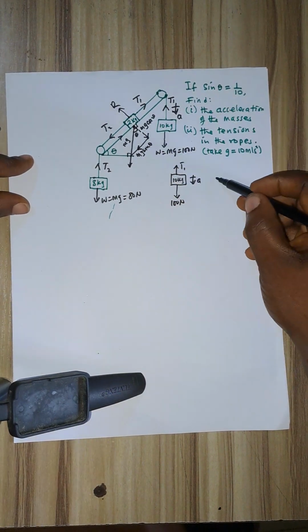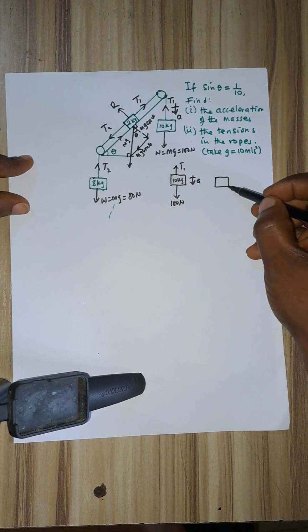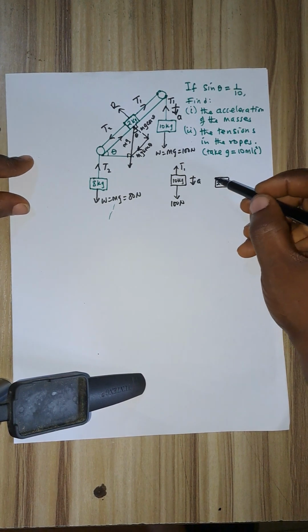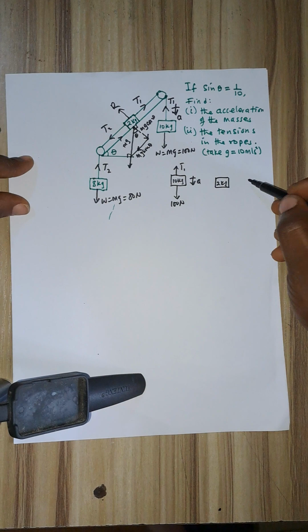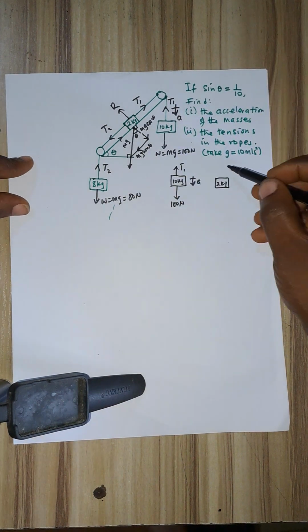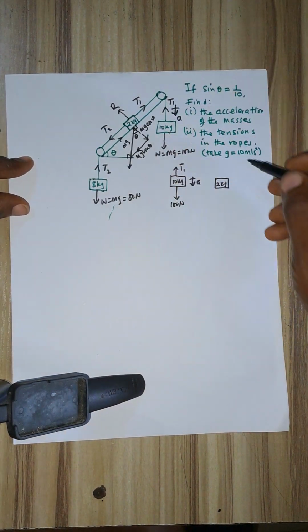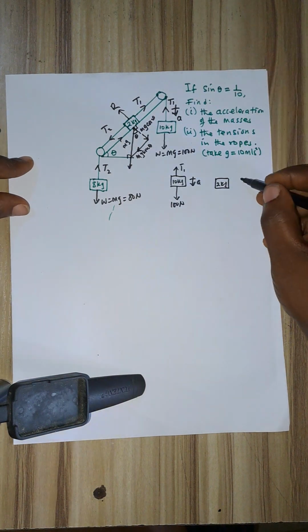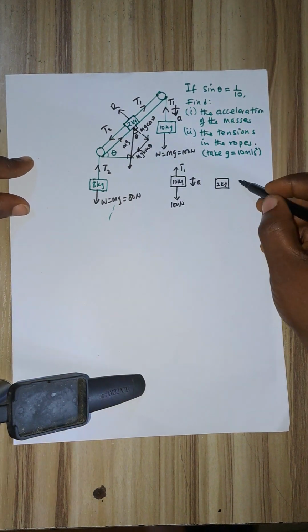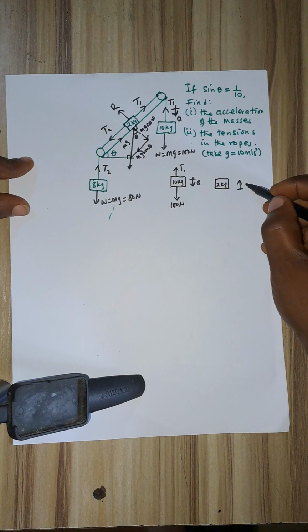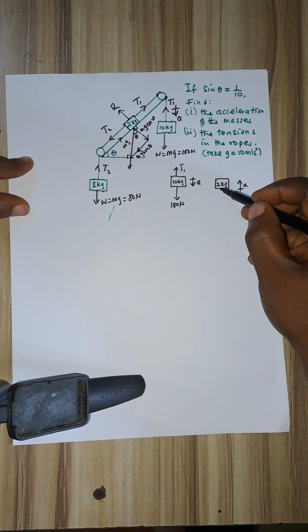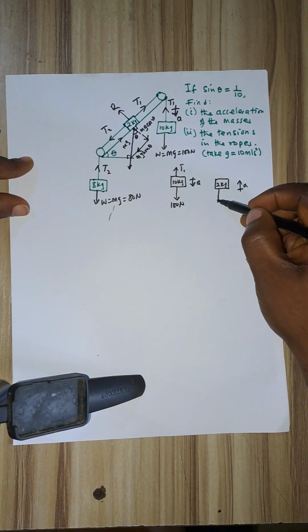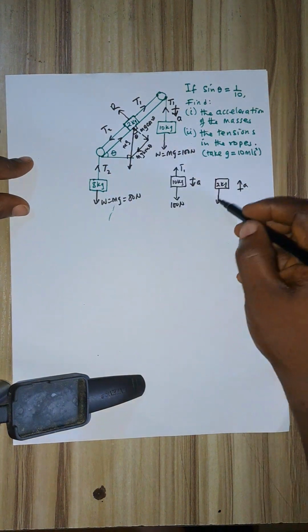With respect to the 2 kg mass, we will have this is the 2 kg mass. Motion is this way, in this direction. So it goes up with respect to 2 kg. So you have acceleration. Now you can see this is tension T2, acting in this direction.